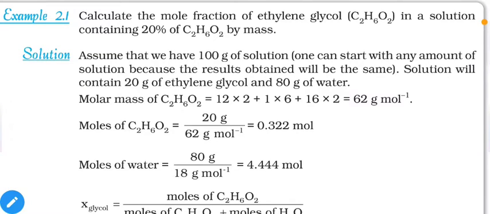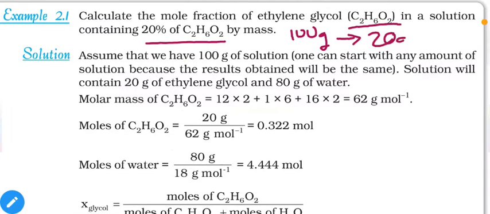Here we have ethylene glycol, and as mentioned it is a 20% solution by mass. That means if we have a total of 100 grams of solution, 20% of the 100 grams, which is 20 grams, represents the mass of ethylene glycol, and the remaining 80% will be our solvent, which is water in this case.